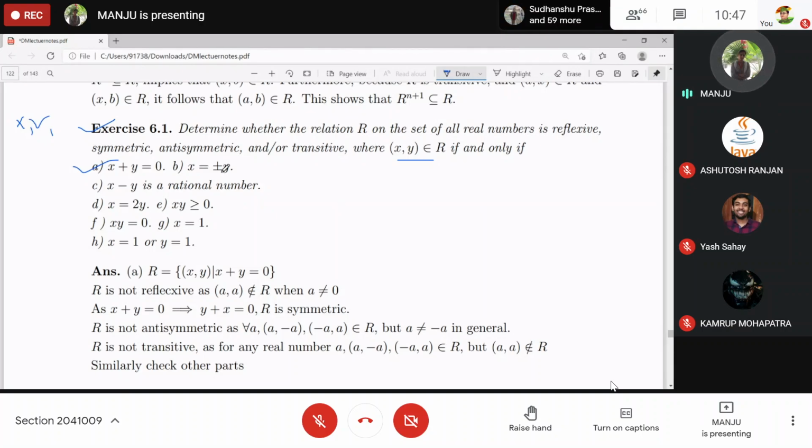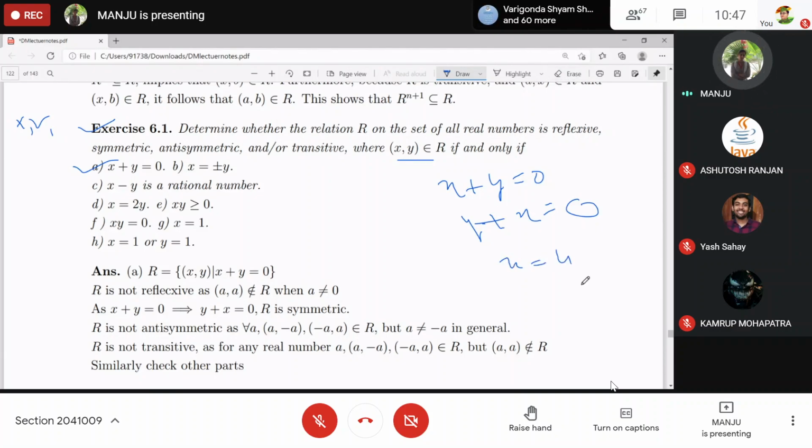What about antisymmetric? (x, y) belongs to R if you have x plus y equal to 0, and (y, x) is also related, so y plus x is 0. From this one, can you say x is equal to y?